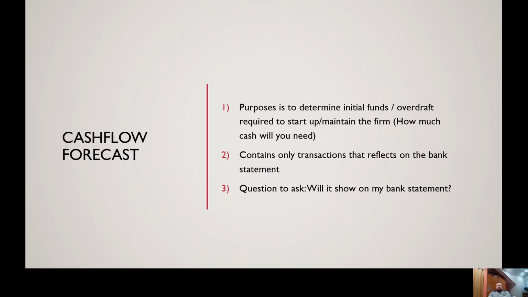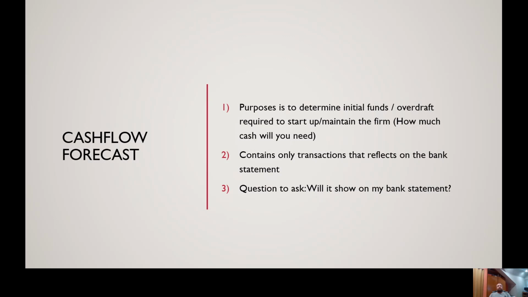So the moment you answer trust, then it doesn't go into your cash flow forecast. But if you answered business, the next question was, is there a flow of cash or not? The moment you answer yes to that question, then that item must be included in your cash flow forecast. So our question is, will this transaction show on my bank statement in future?